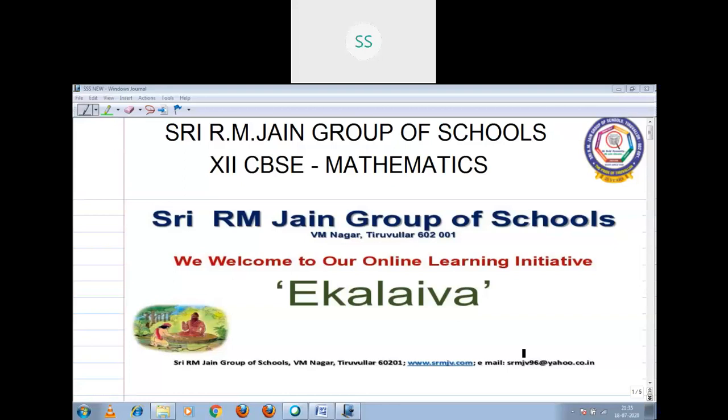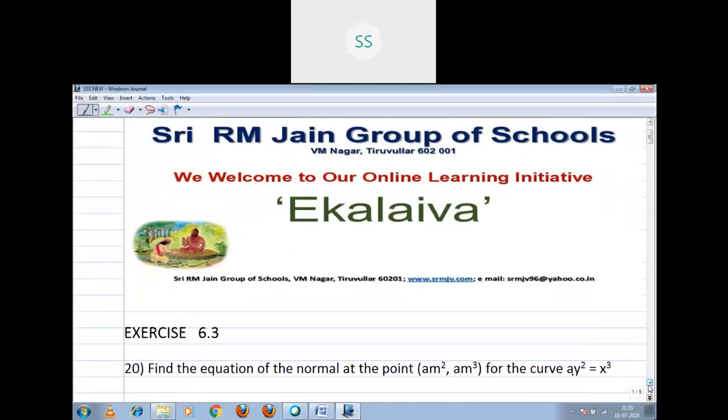Today I am going to discuss question number 20 in exercise 6.3. Find the equation of the normal at the point (am², am³) for the curve ay² = x³. Here you want to find the equation of the normal. First, what we need is the slope of the tangent.